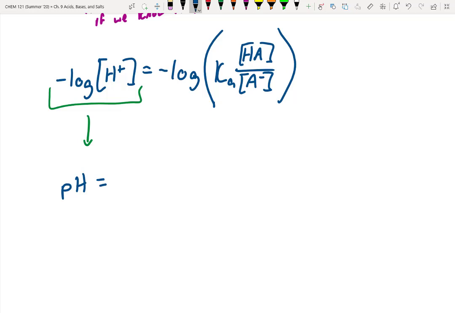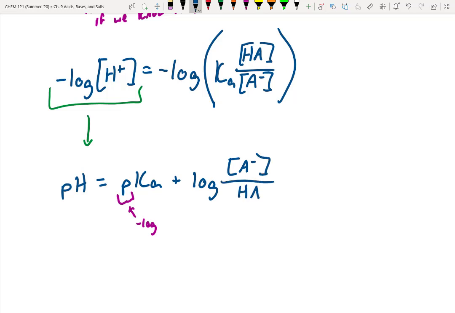And so we can say negative log of Ka, we could just call pKa, right? Because p is the same thing as negative log, right? So we've got pH equals pKa, but then we need to deal with the fraction next, which could best be expressed by writing plus log of A minus over HA.